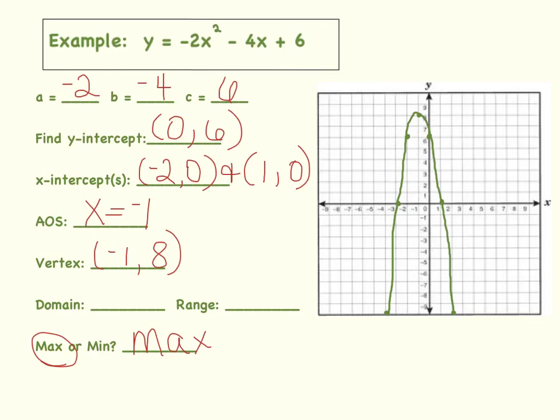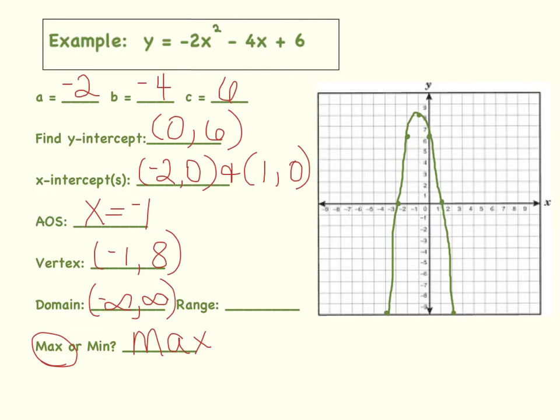Finally, let's do our domain and range. Remember, no matter what you do to this graph, the domain will always be from negative infinity to positive infinity, because it is forever going towards the left, forever going towards the right. Now the range is going to look different than the parent function. For the parent function, the range was from 0 to infinity.